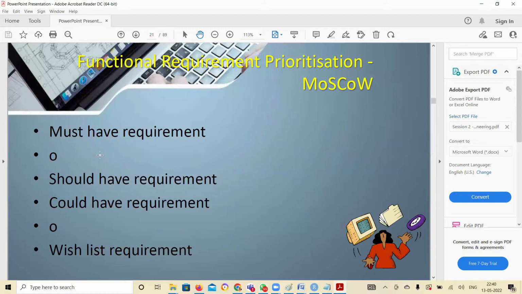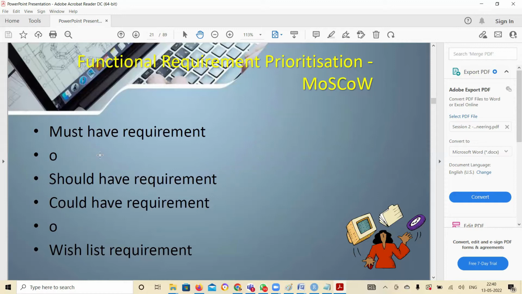Now this is the Moscow rule. The Moscow rule is an improvement over the grouping technique. In grouping, we say create a group. But what the Moscow rule says is, yes, create a group, but have some definition around the group.